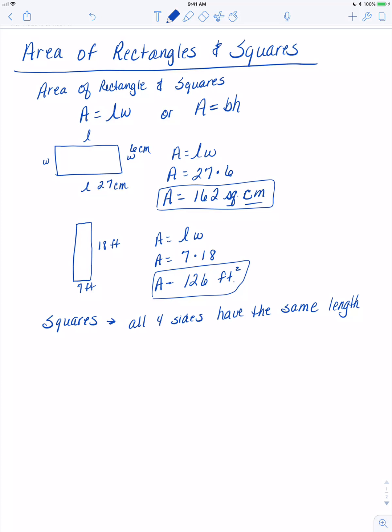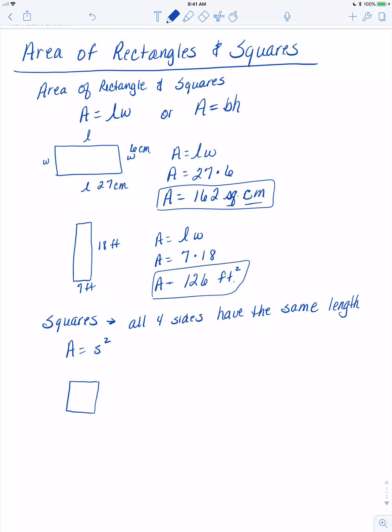So you might see that formula would be area is the side squared, because it would be side times side, which is side squared. So because all the sides are the same.